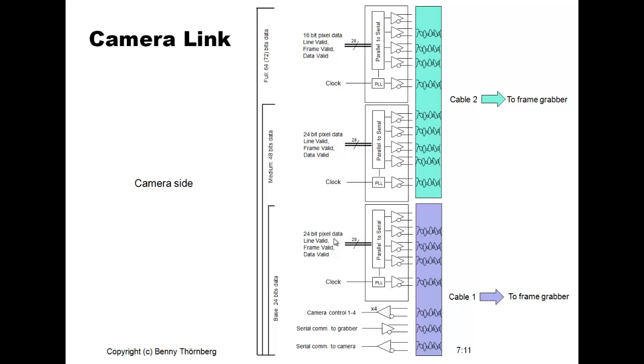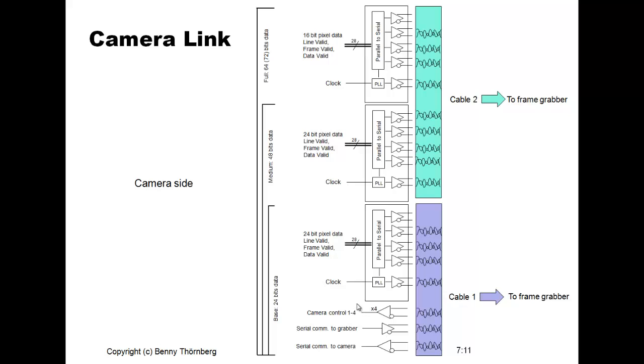In the base configuration, there are a number of low voltage LVDS channels that are used for control of the camera, control signals from the frame grabber, as well as serial communication to and from the camera and the image grabber.